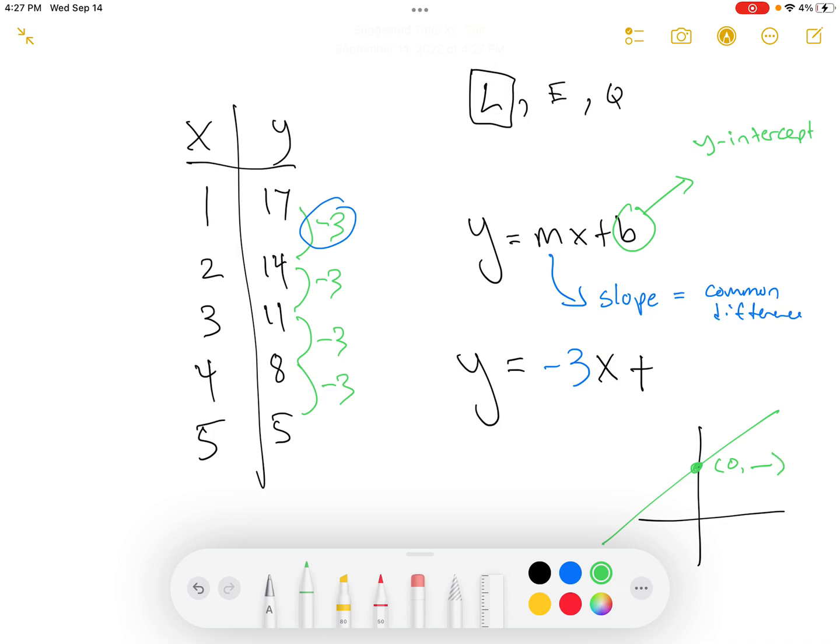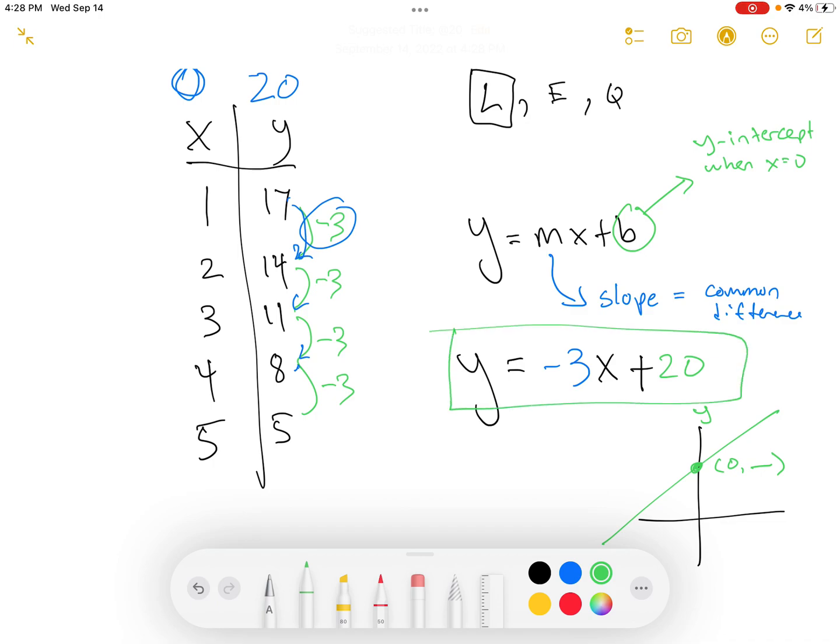So the y-intercept is always when the x value is 0. But now looking at my table, I actually don't have x equals 0 on there. So I've got to add it. Let's add it up here, and let's figure out what that would be. So if I am minusing 3 going down that direction, then I'm plusing 3 going up this direction. So 5 plus 3 is 8, 8 plus 3 is 11, plus 3 is 14, plus 3 is 17, plus 3 is 20. So my y-intercept here is going to be 20.